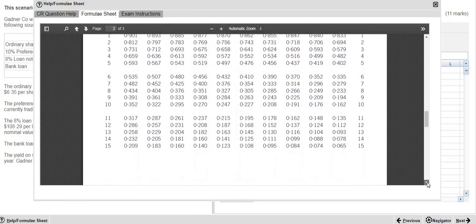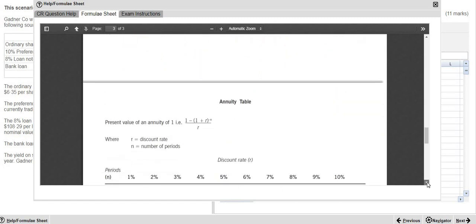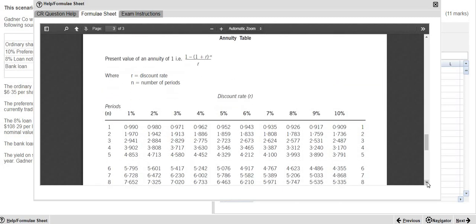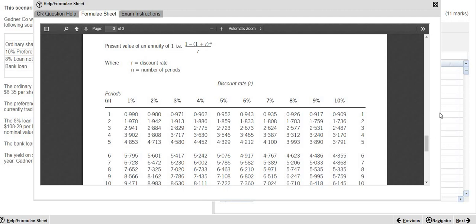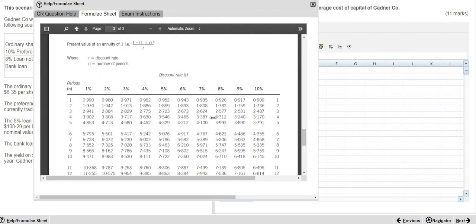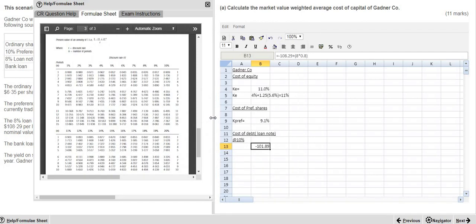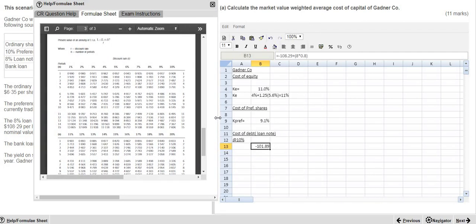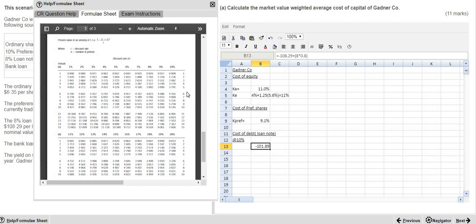This present value table. What we need is an annuity table. 10% for 6 years. I think I can see it now. So I'll put it on one side, so I don't have to be opening it all the time. Okay, so 10% for 6 years.